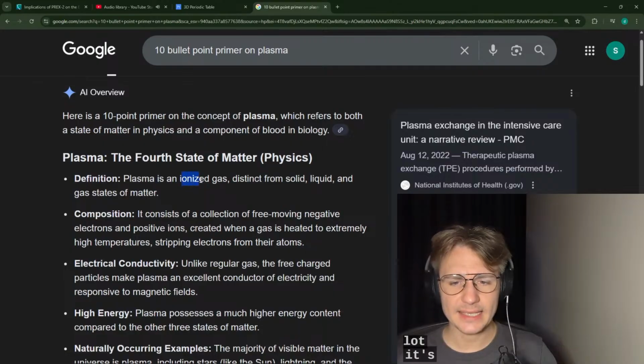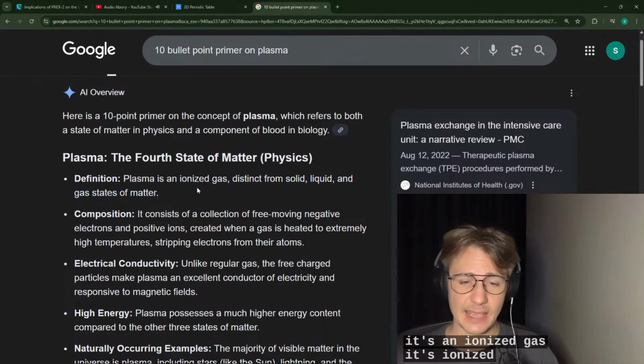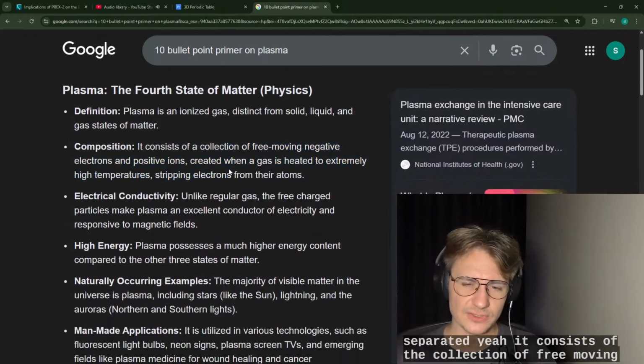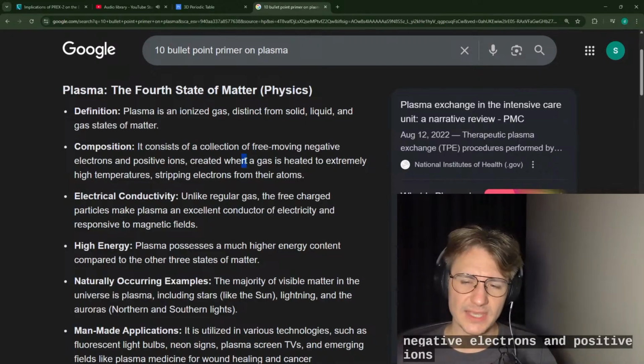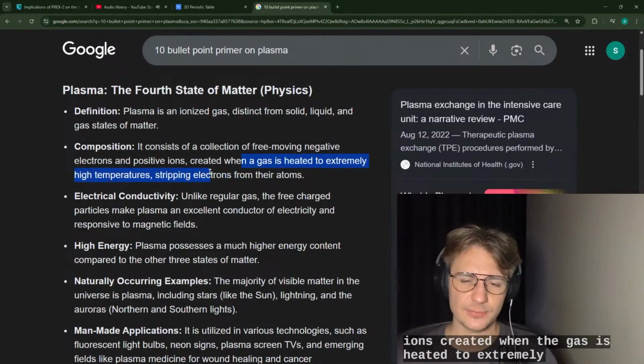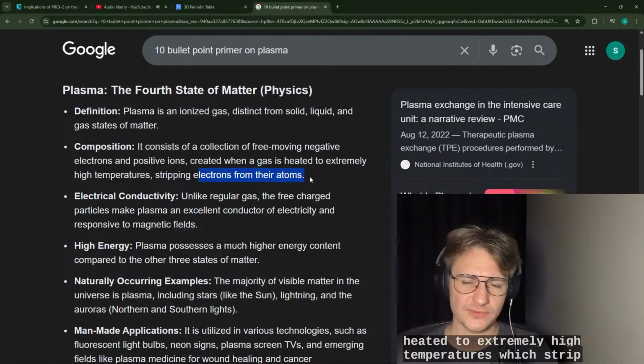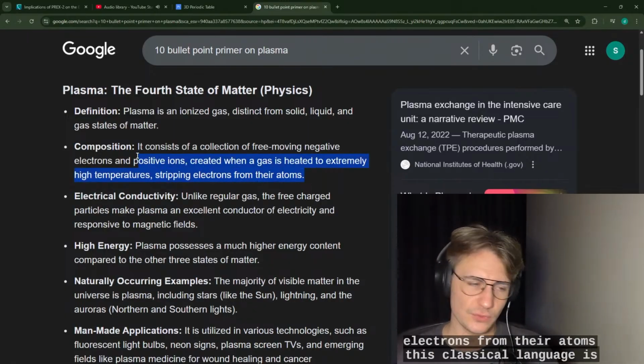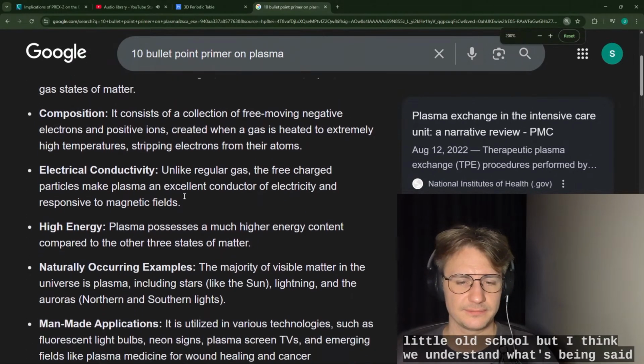It's an ionized gas. It consists of a collection of free-moving negative electrons and positive ions created when the gas is heated to extremely high temperatures, which strips electrons from their atoms. This classical language is a little old school, but I think we understand what's being said here.